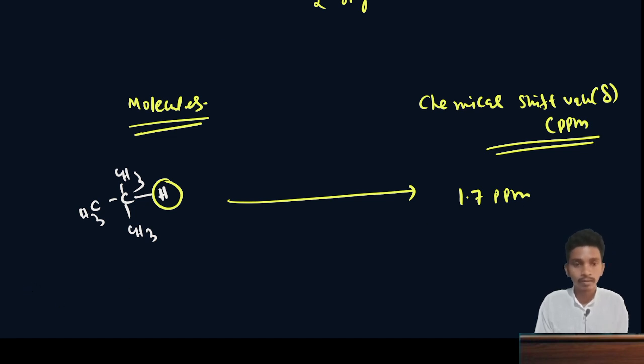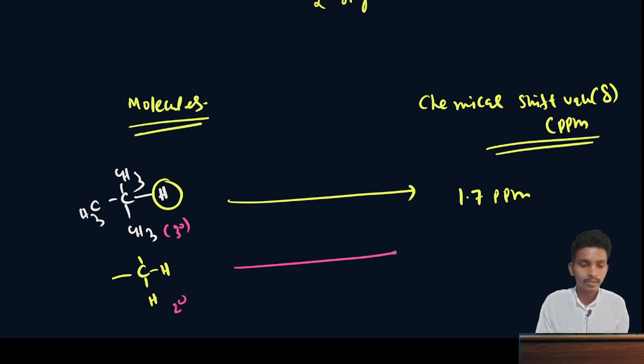If it is a 2-degree carbon, with any groups and an H here, then this will have a chemical shift of 1.3 ppm.